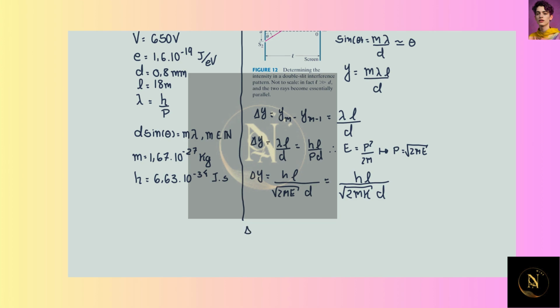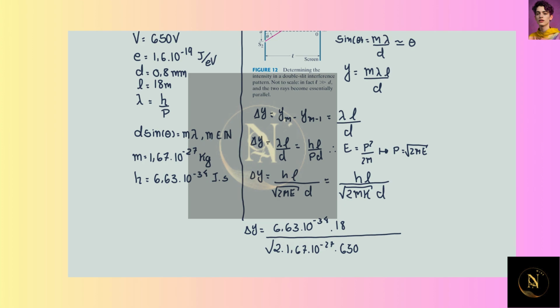Delta y is equal to h, which is 6.63 times 10 to the minus 34, times L, which is 18, and this is all divided by the square root of 2 times the mass, which is 1.67 times 10 to the minus 27, times the kinetic energy, which is 650 electron volts.